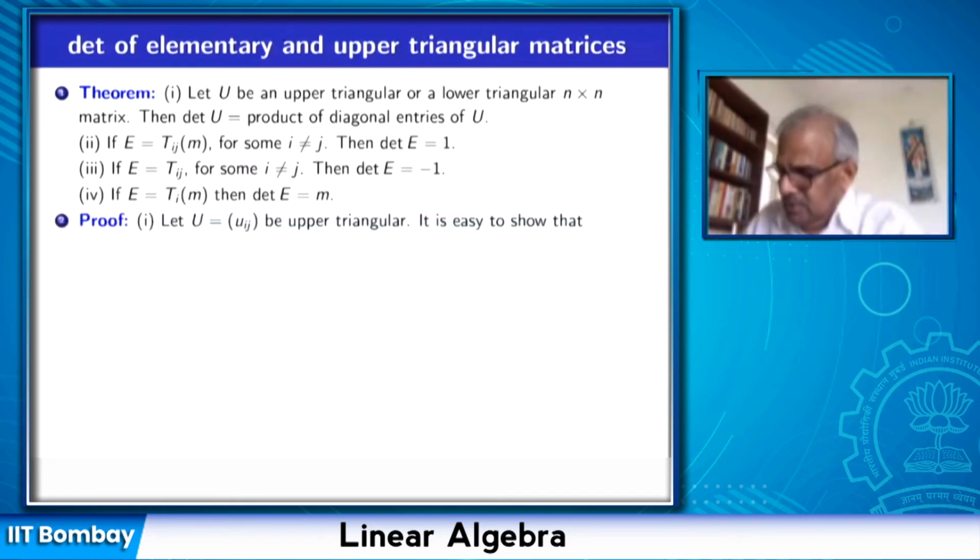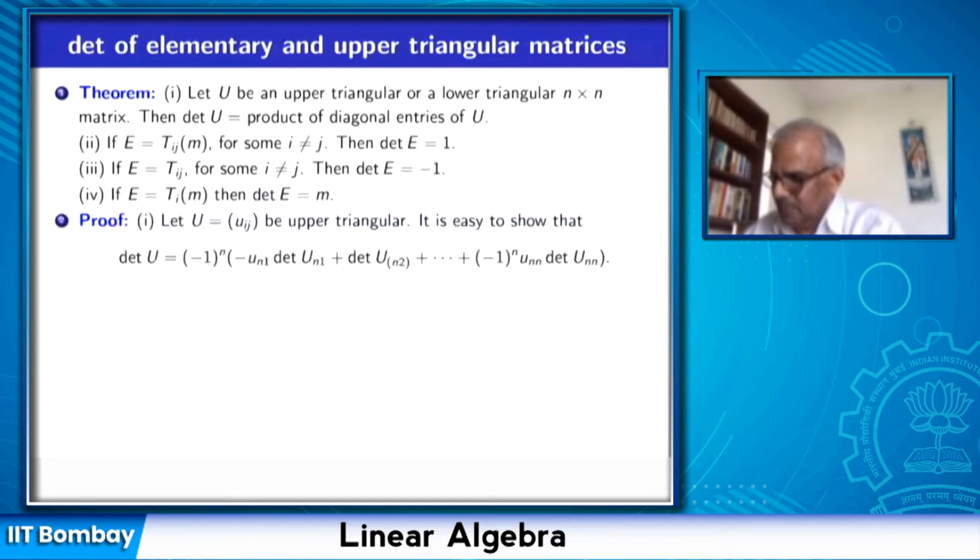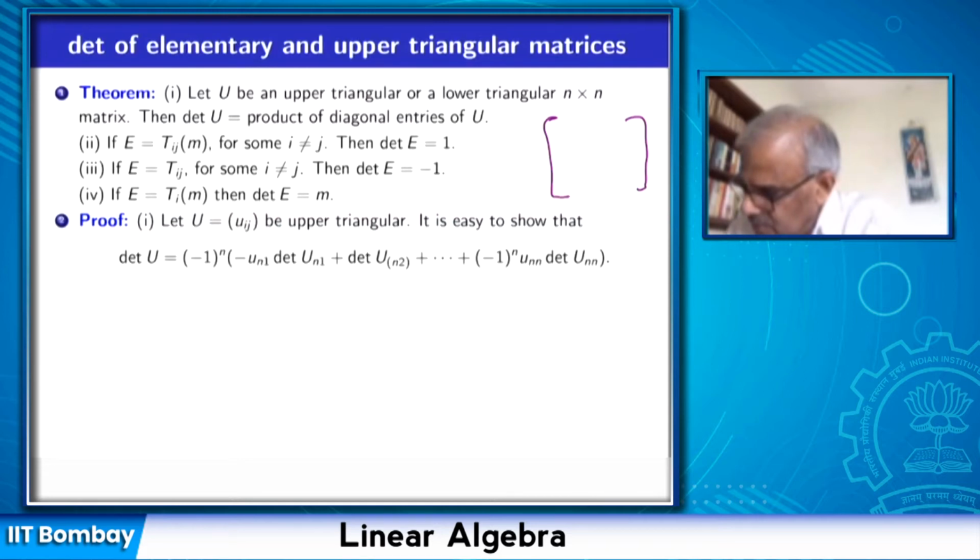So the basic fact about upper triangular matrices is that the determinant of an upper triangular matrix is the product of the entries on the principal diagonal. Now we will show by induction on n that the determinant of A is given by expanding by the nth row. If you take this n by n upper triangular matrix, I want to expand by the nth row.